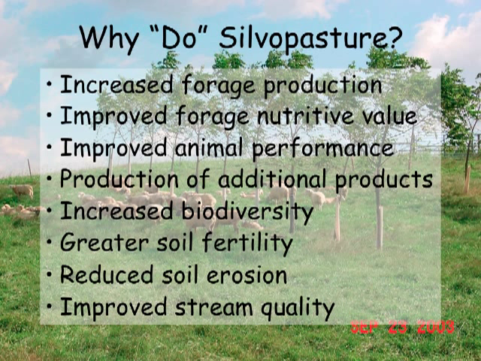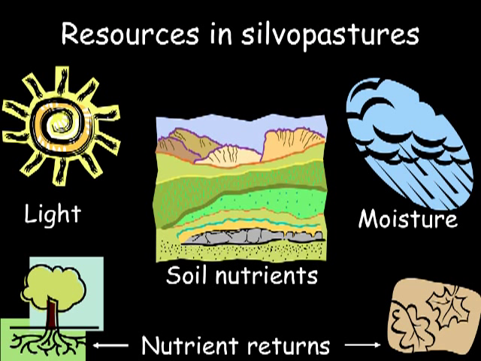And one of the first questions you might be having is, okay, this will cure everything except ingrown toenails. Fantastic. How do you make this work? Well, what we need to think about is what are the resources in the system, and what are the tree-forage interactions in these systems?